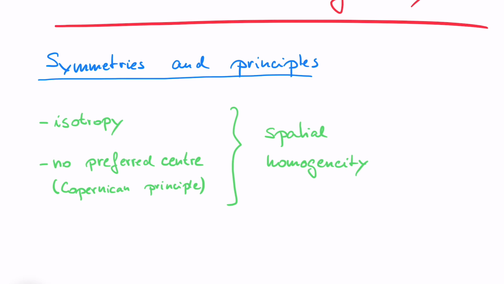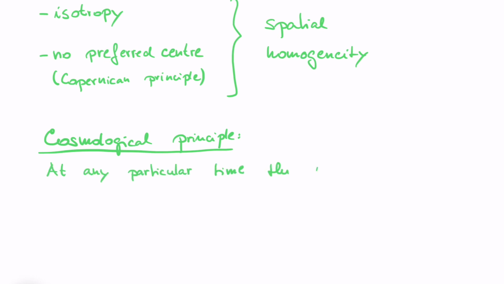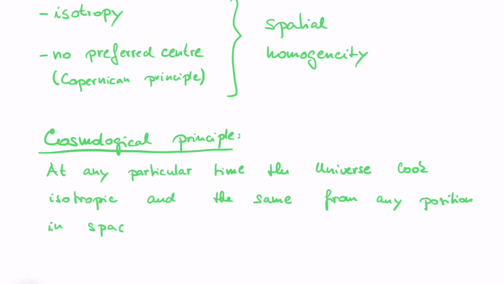So this is carefully put together in the cosmological principle, which states that at any particular time the universe looks isotropic and the same from any position in space you choose for observation.